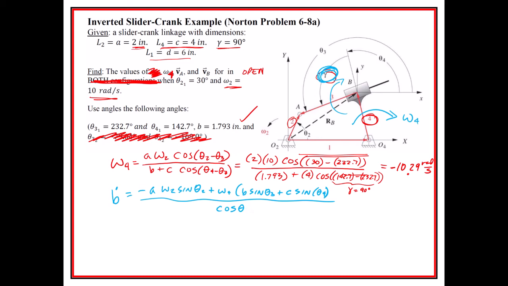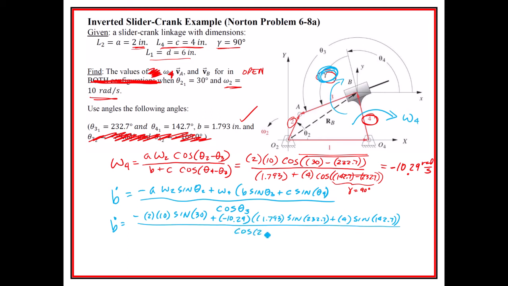So we go negative 2, 10, sine of 30, plus negative 10.29 times 1.793 times the sine of 232.7 plus 4 times the sine of 142.7. Close that parentheses.